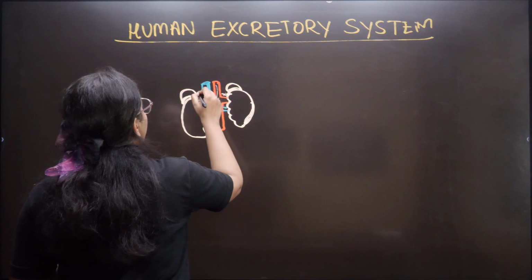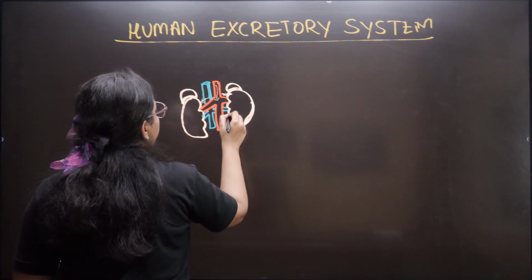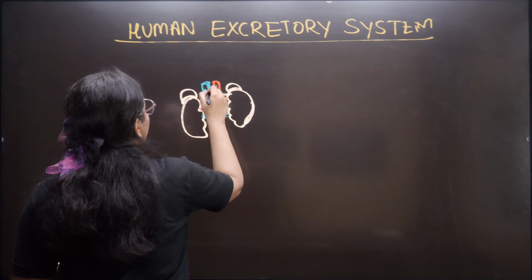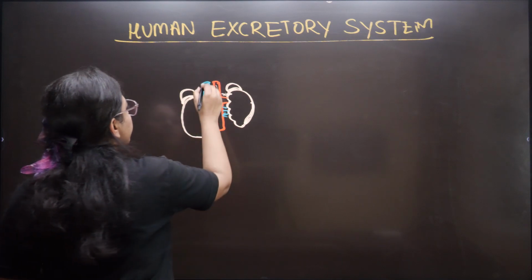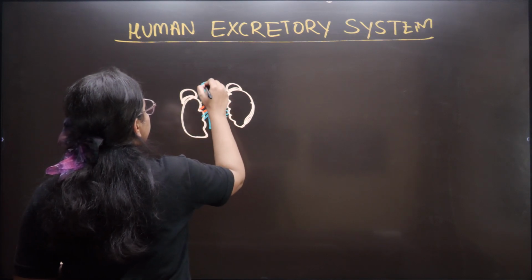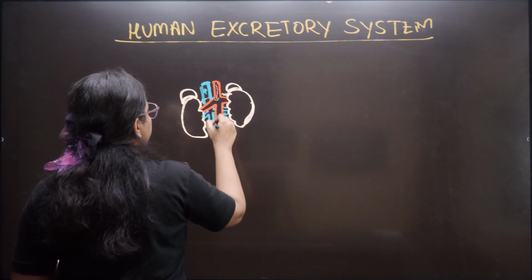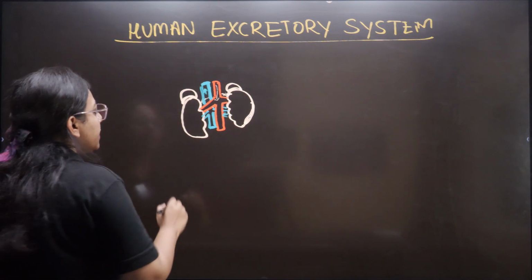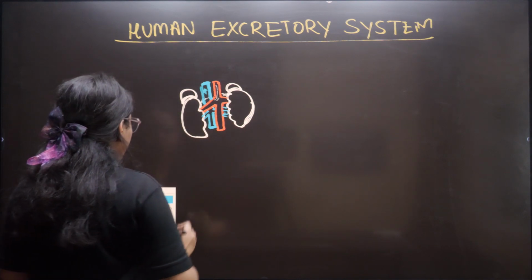Here the arrow is outer, here also the arrow is outer. In this way, this has been done. I hope it is clear. Now we are going to draw the ureter.